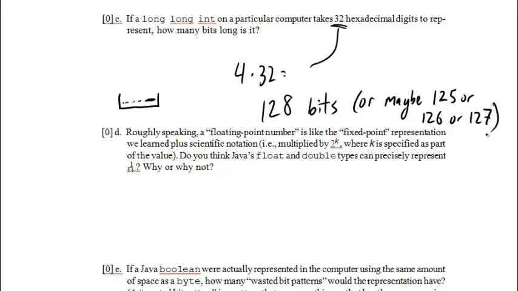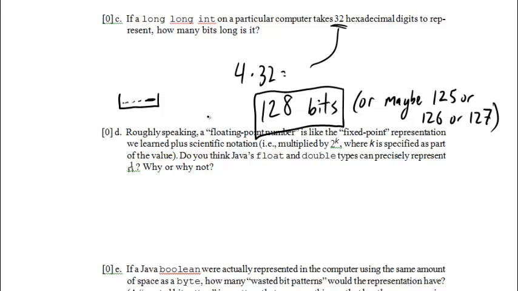We're probably going to have something that's a power of 2 as the length of this long int. So I think 128 bits is my answer. And if I really want to state my assumptions, I'll say I assume the hexadecimal digits are fully used. Yeah, that sounds good. Let's move on to part D.